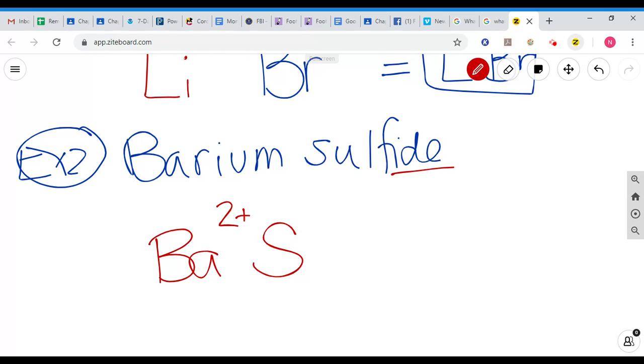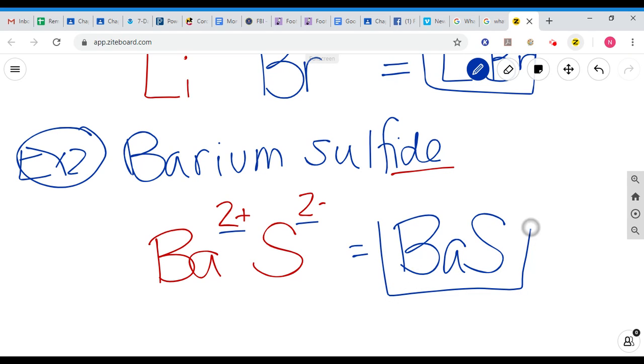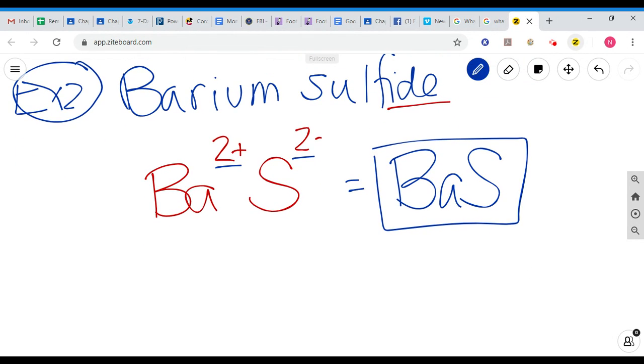All right, so sulfur needs 2 more valence electrons. All right, now I look at my charges. +2, -2. They're the same charge. So we're going to cancel them out, and we're just going to write our formula. Pretty easy, right? In terms of ions, the first one, what does it have?